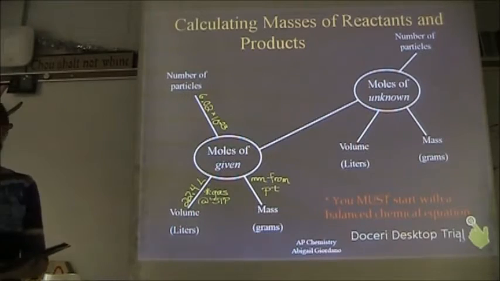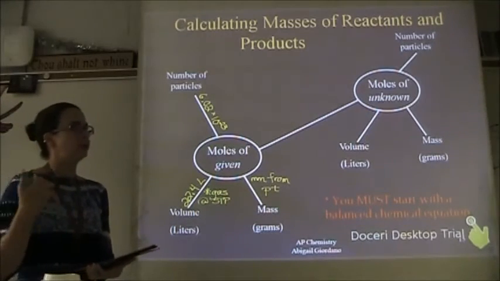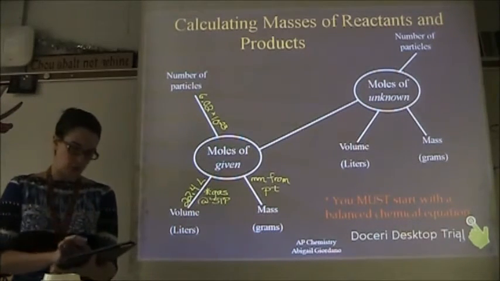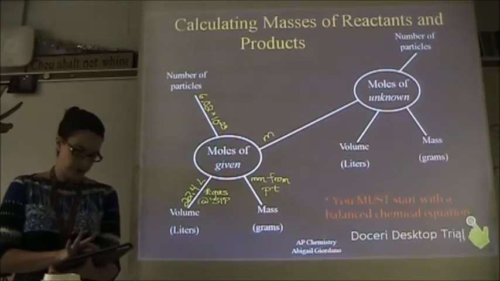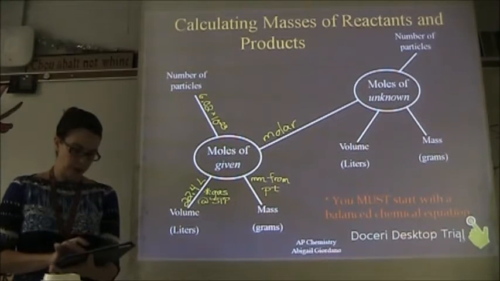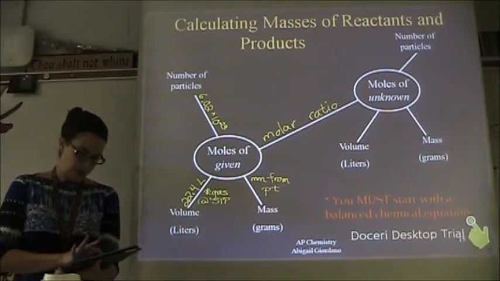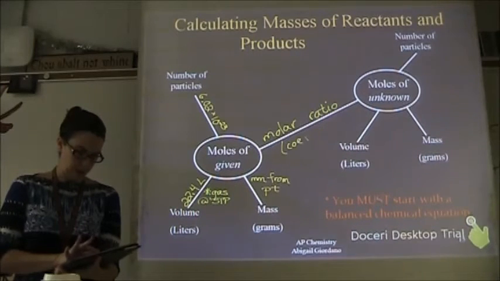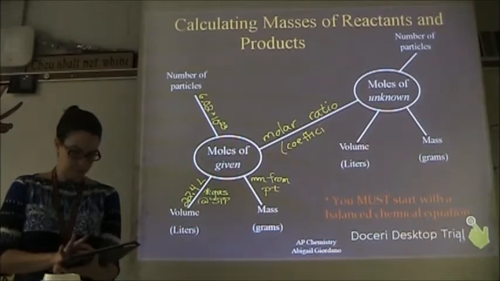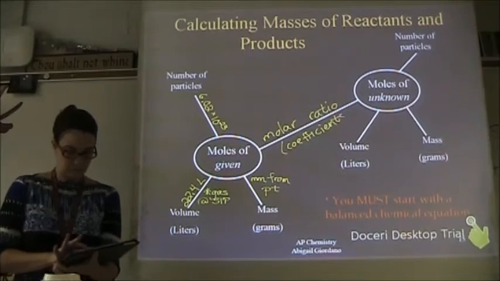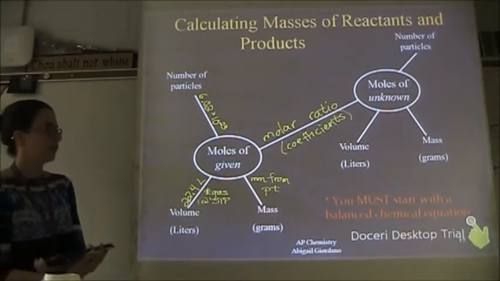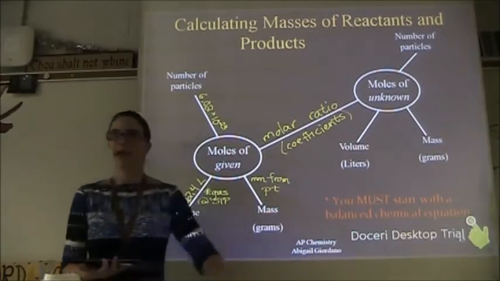You look at your equation and use the ratio of your coefficients. We call that a molar ratio. And you're right, it comes from the coefficients. Okay? Hence, it must be balanced.